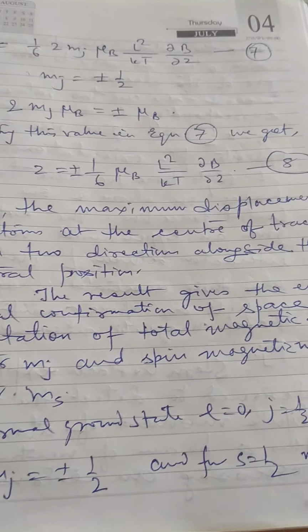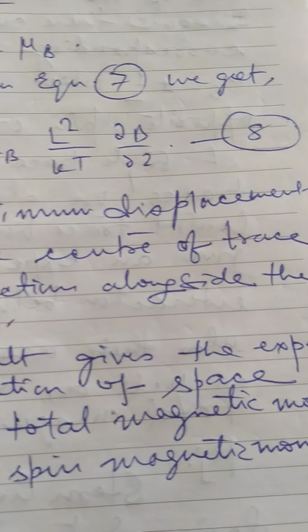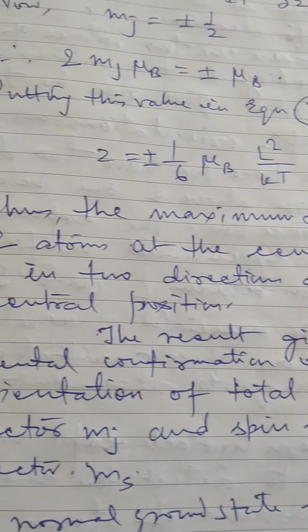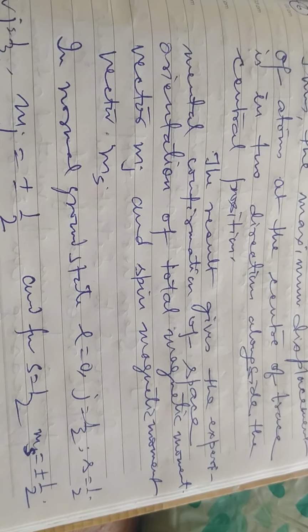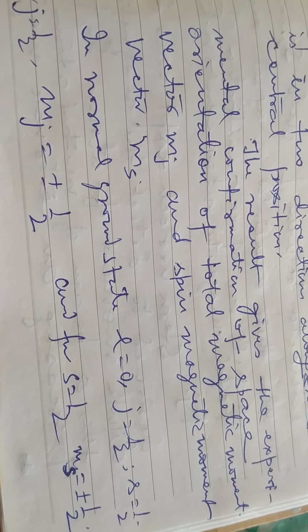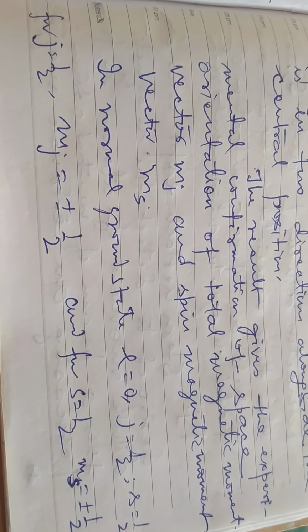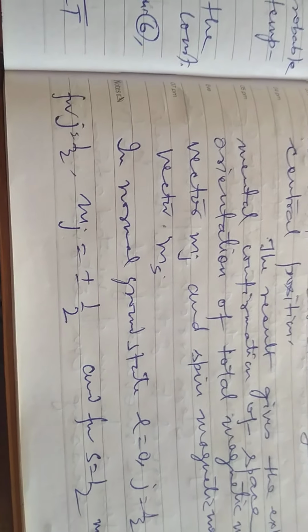Thus the maximum displacement of the atoms at the center of the trace in the two directions alongside the central position, the result gives the experimental confirmation of the space orientation of the total magnetic moment vector mj and the spin magnetic moment vector ms.